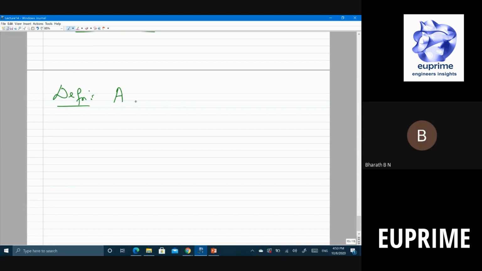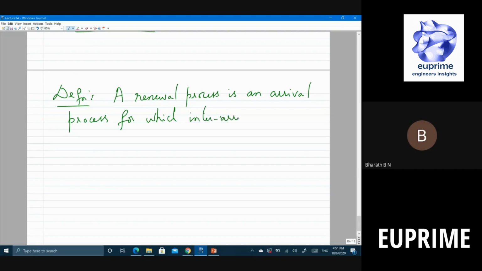A renewal process is an arrival process for which the inter-arrival times are a sequence of positive IID random variables. So what do you mean by that?